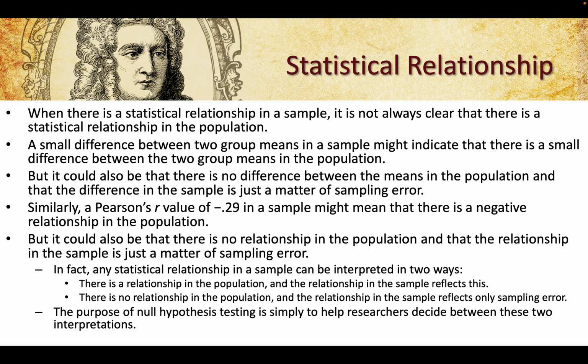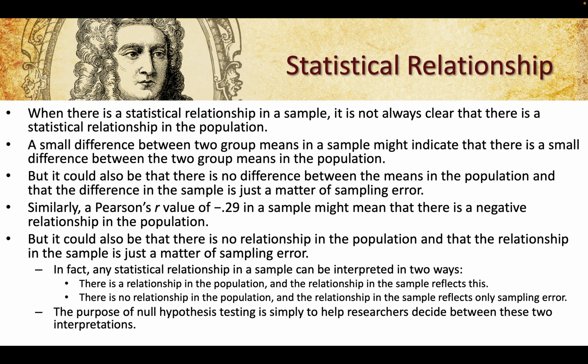Similarly, a Pearson's r value of -0.29 in a sample might mean that there is a negative relationship in the population. But it could also be that there is no relationship in the population and that the relationship in the sample is just a matter of sampling error. In fact, any statistical relationship in a sample can be interpreted in two ways.